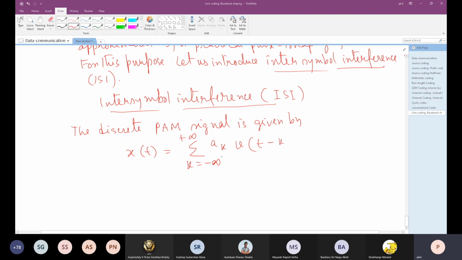Now it is modulated by a_k, that is the symbol. So the amplitude is modulated by a_k.